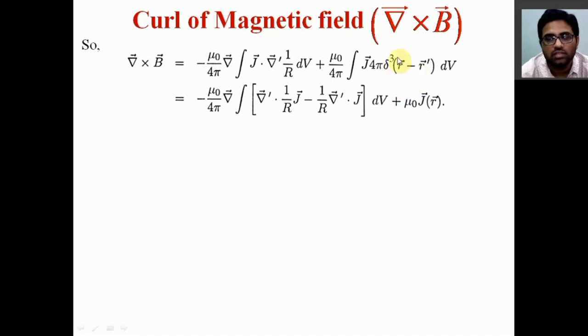So after integration the current density becomes a function of r coordinate.